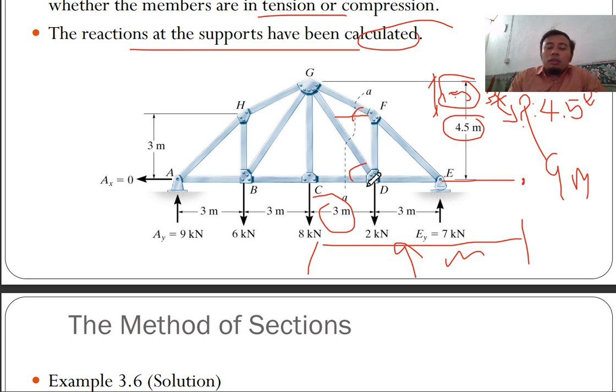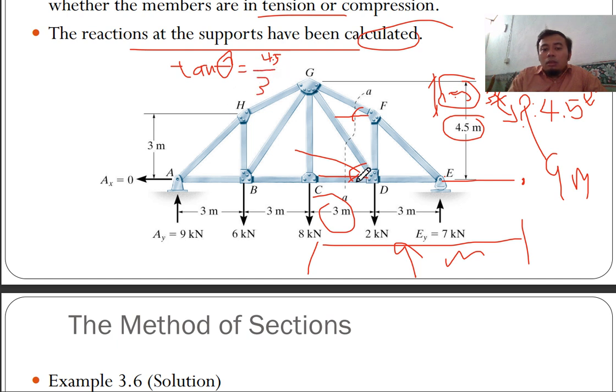It is based on this distance: tan theta, tan is opposite divided by adjacent. So the opposite is 4.5, and the adjacent is 3 meter.